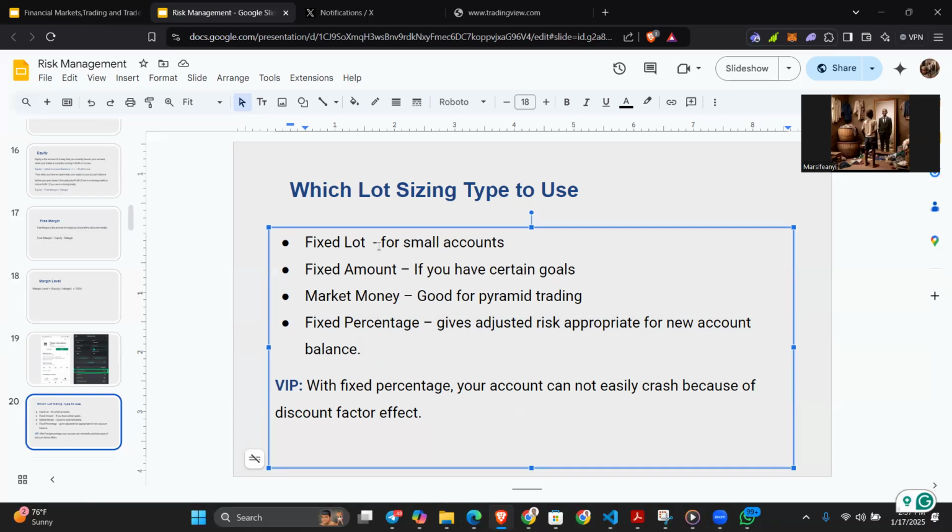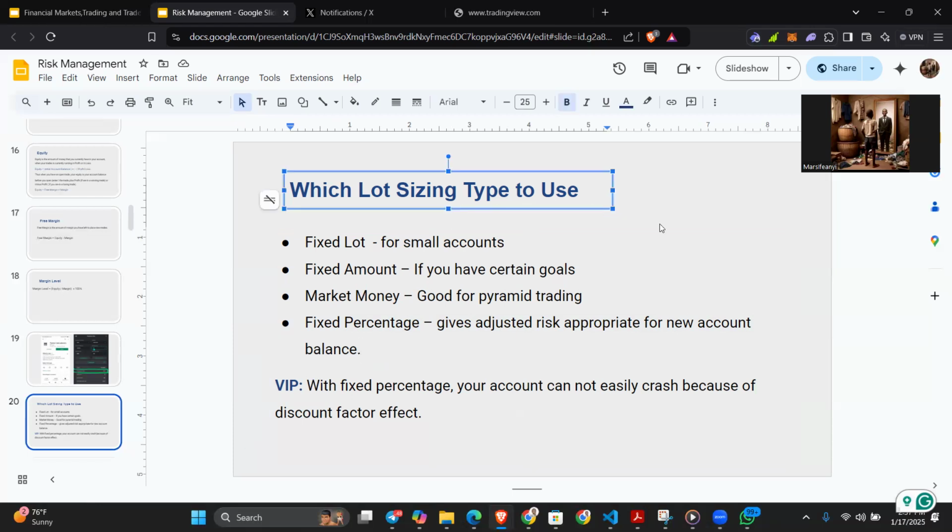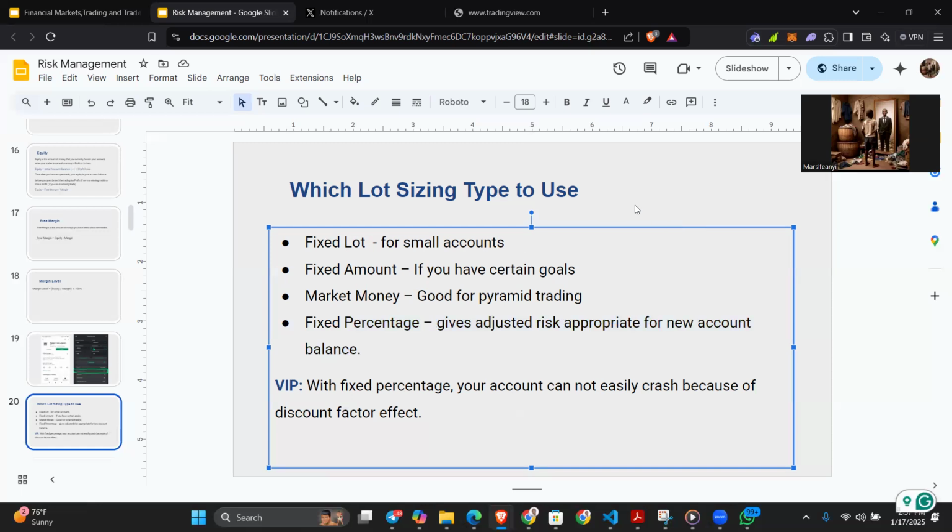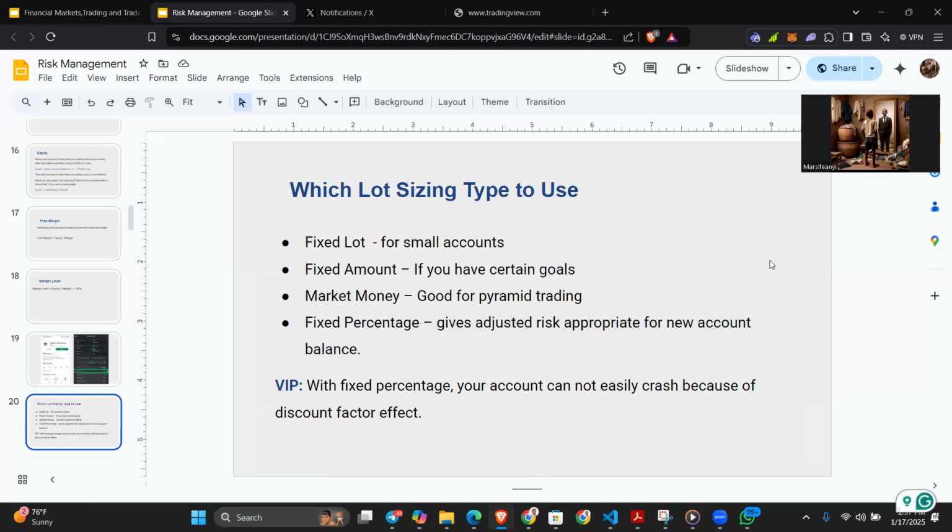Now, when do you use fixed lots? Fixed lots is good for smaller accounts. Maybe if you have $100 or $50, you can decide to use a fixed lot, maybe 0.001, until you reach a particular target. Now, fixed amount: let's say you have a certain goal you want to meet.